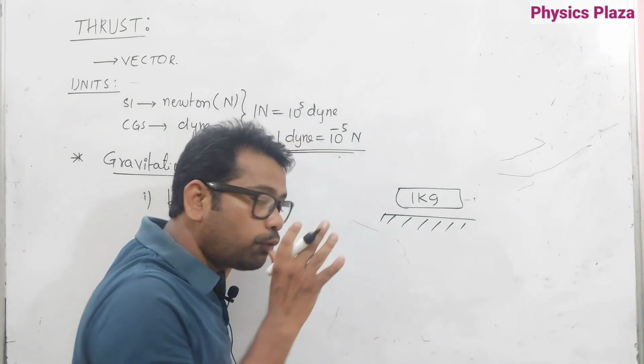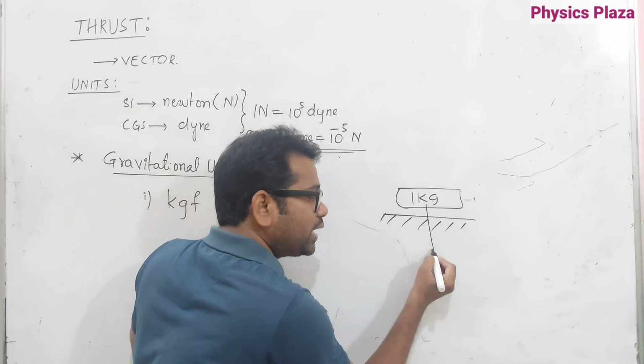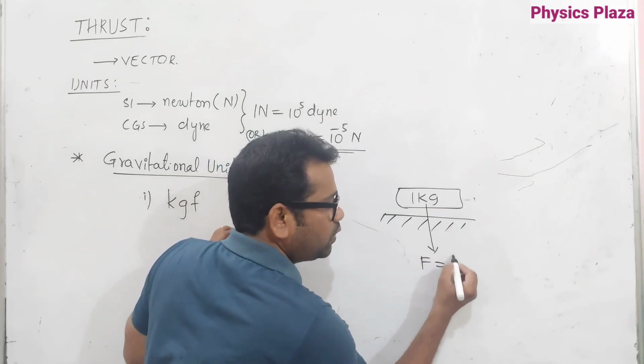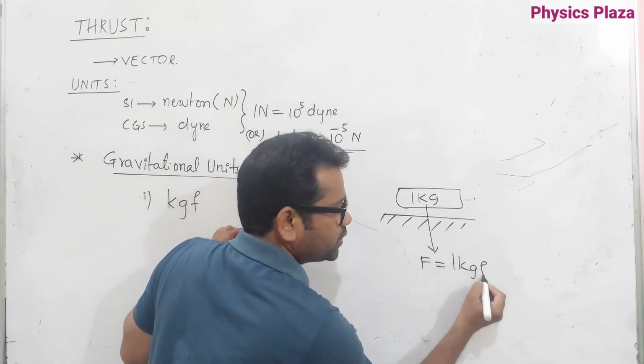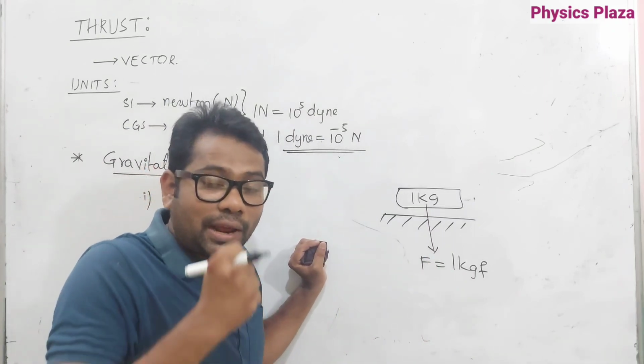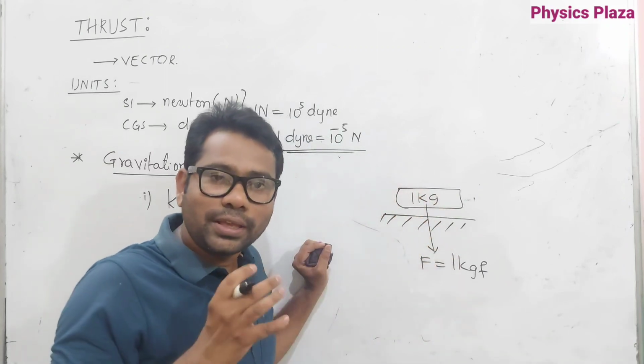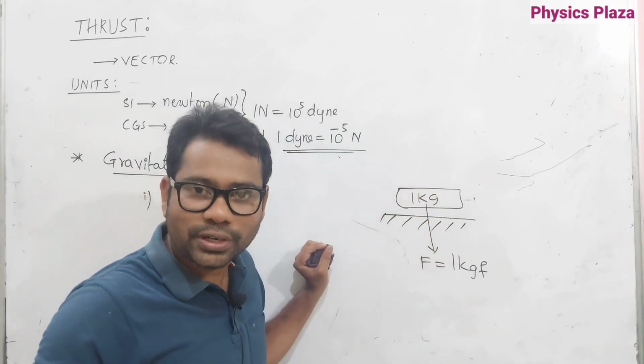So, children, the force of gravity acting on a body of mass 1 kg is called 1 kgf. I repeat once again: the gravitational force acting on a body of mass 1 kg is called 1 kgf. Got it? Fine.